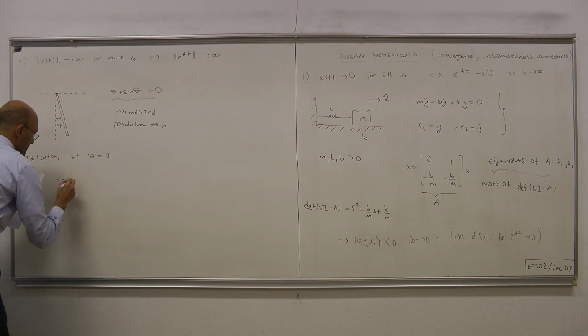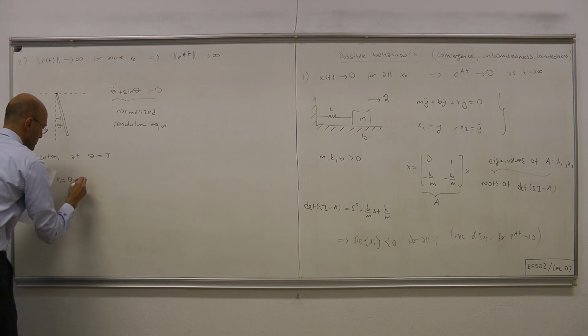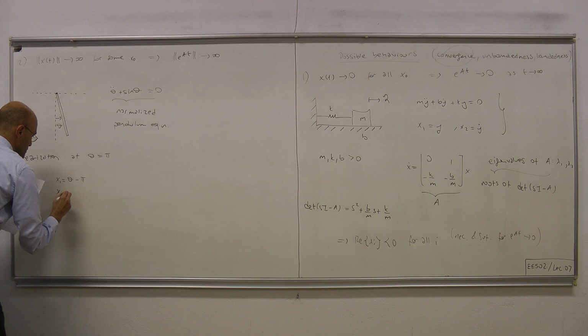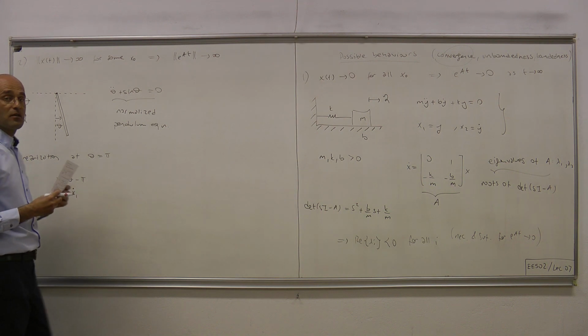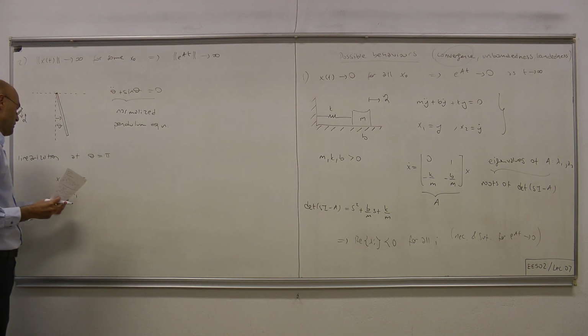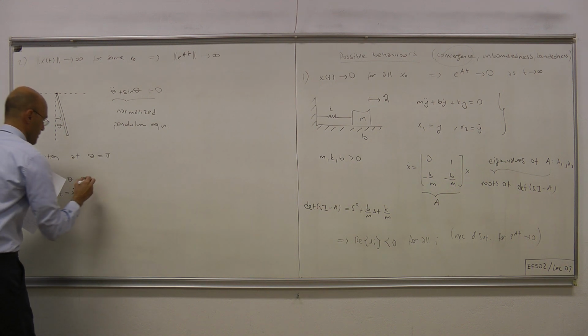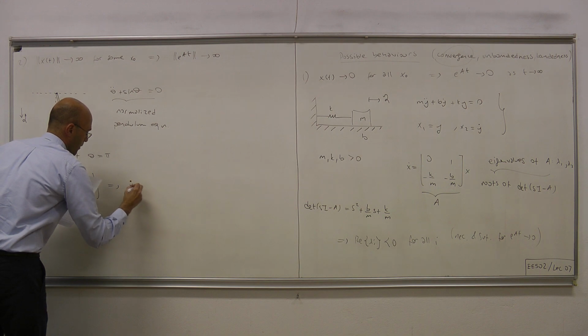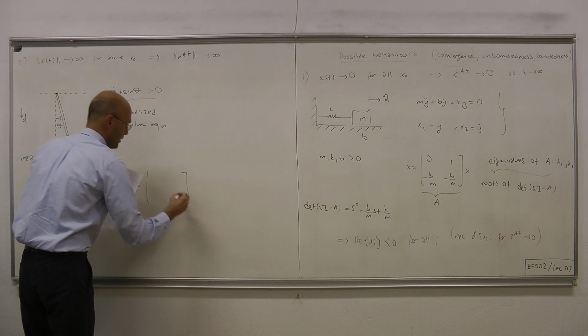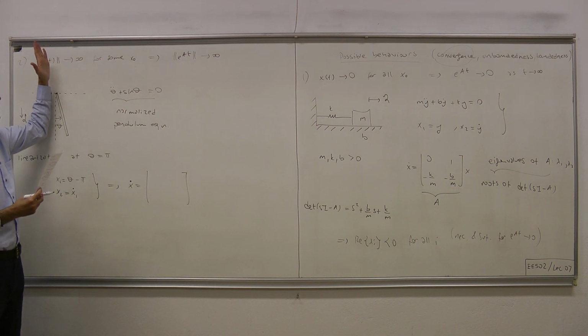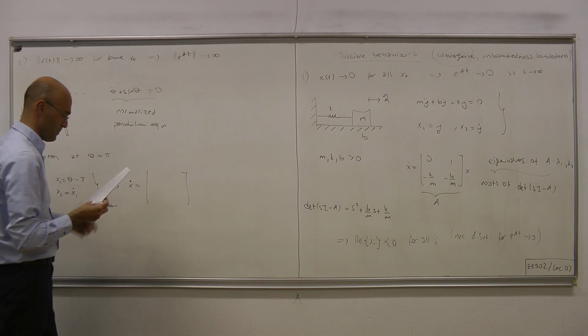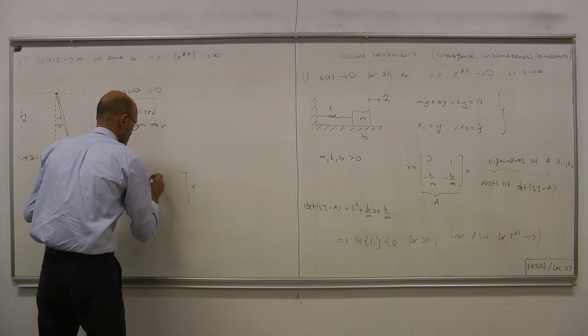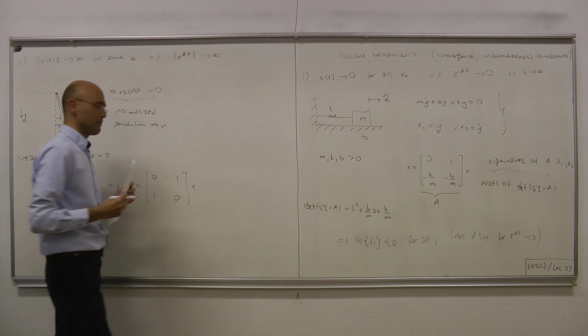Let's choose the state x1 as theta minus pi, and x2 as theta dot, or x1 dot, because pi is fixed. This choice yields the following linearization at the upright equilibrium position: x dot equals [0, 1; 1, 0] x.